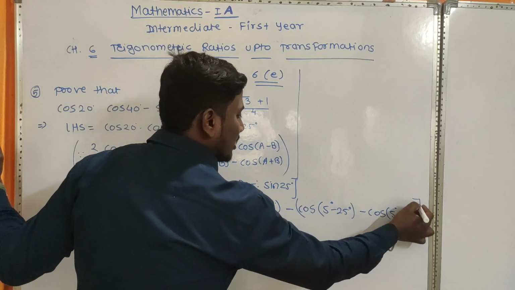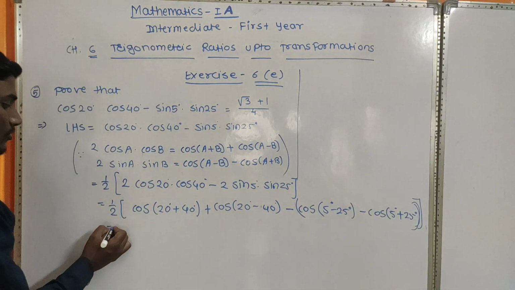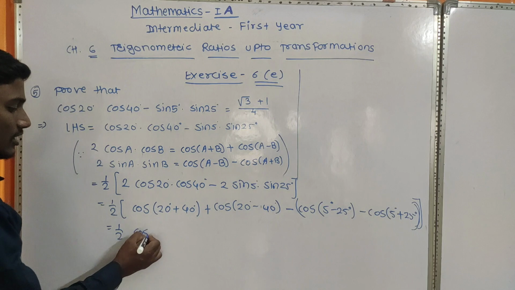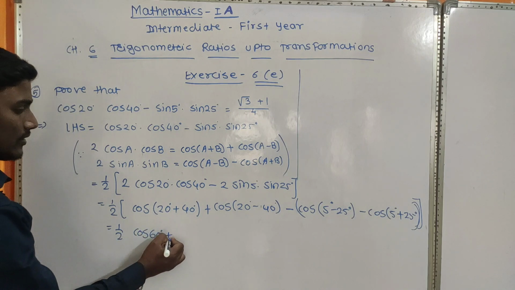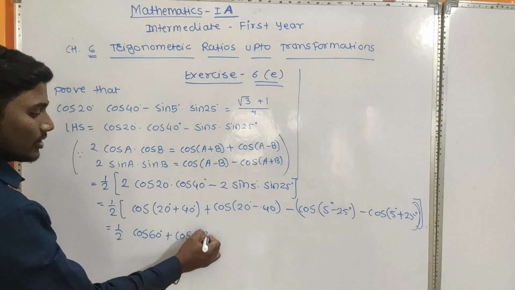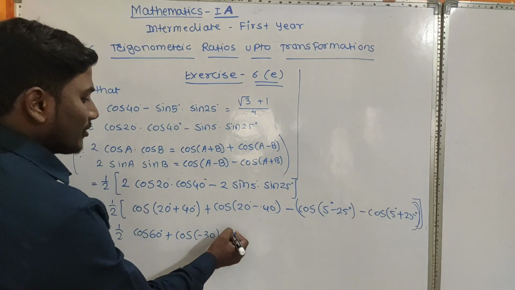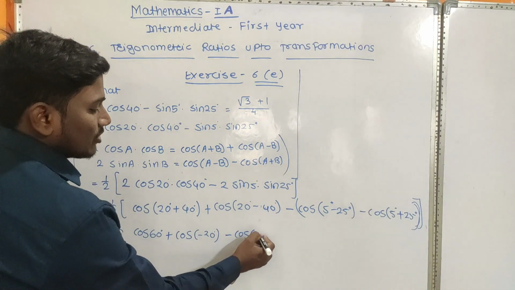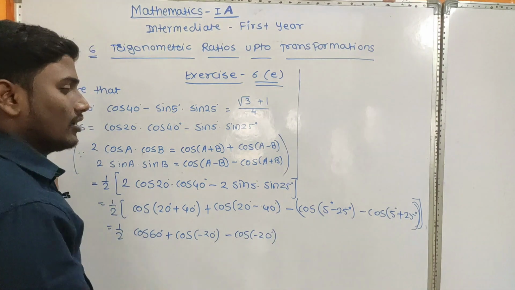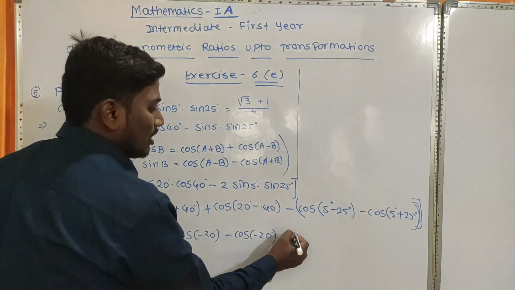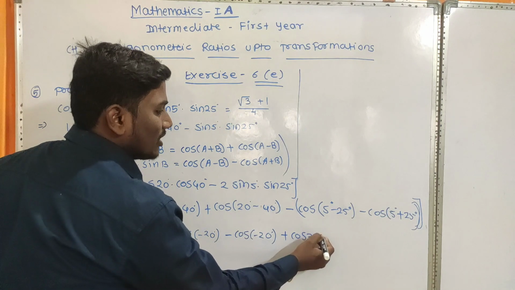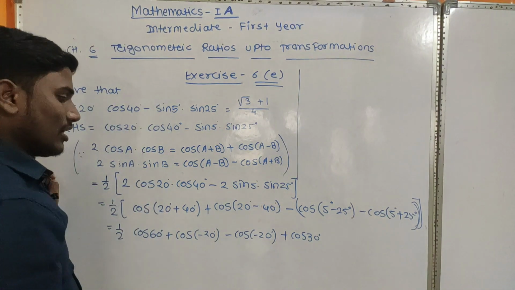So this is one bracket. So 1 by 2, cos 60 degree plus cos minus 20 degree. So you can multiply this bracket by a minus sign. What we get here, minus cos minus 20 degree. So minus into minus plus cos 30 degree, 5 plus 25 as 30 degree.